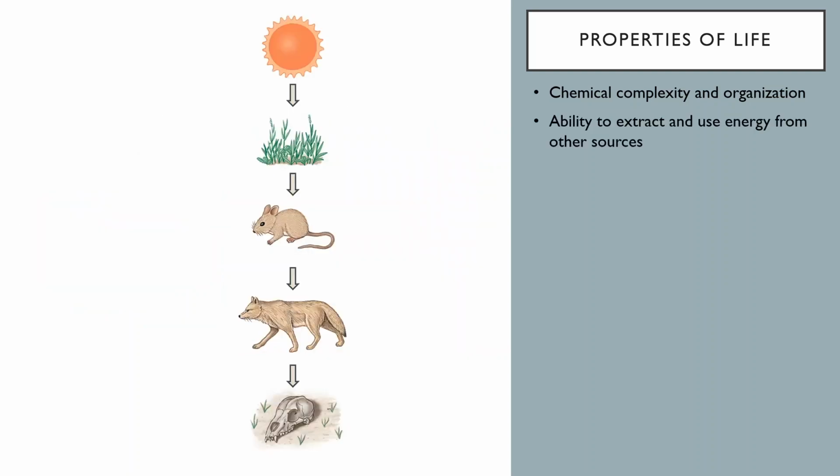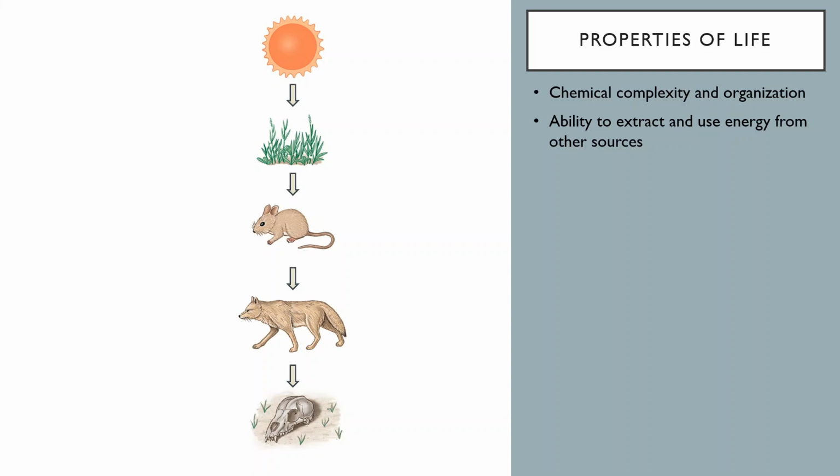Living things have the ability to extract energy and matter from other sources, including the environment or from other living things, and use that for their survival. So when a plant absorbs energy from the sun and CO2 from the air, that is necessary for its survival. But then when that plant gets eaten by an herbivore, that energy and matter that the plant collected gets transferred to that herbivore, and so on, in the great circle of life.